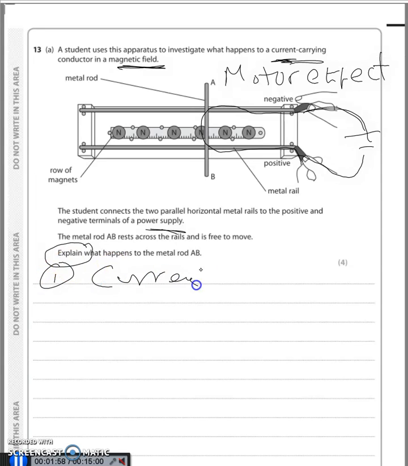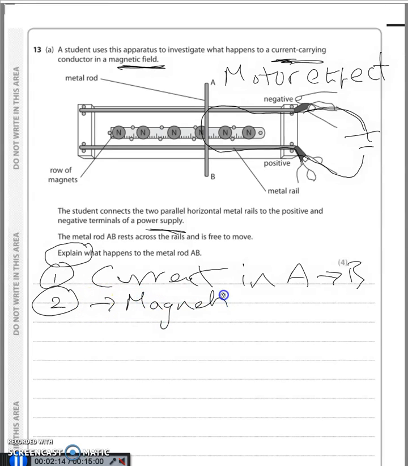So current in the metal rod. The second mark, which lots of people always forget, is that if you have a current going through a conductor, that means that there is automatically a magnetic field around that conductor. In this case, it's going to be around the metal rod.